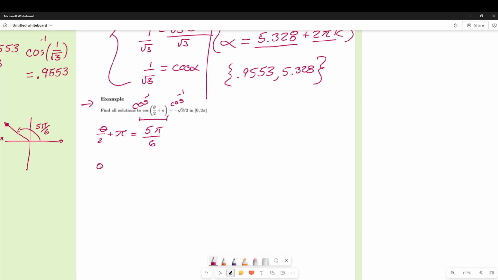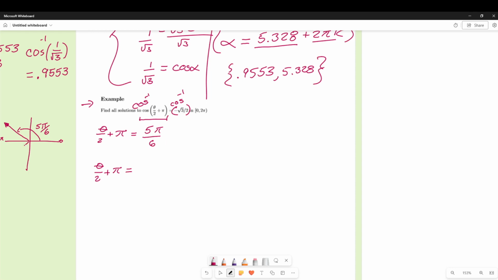But we also know we're going to get another set of solutions outside of this restriction, because it's not quadrantal, it's not on one of our axes. And that other solution is going to be in the other quadrant in which cosine's ratio is negative.